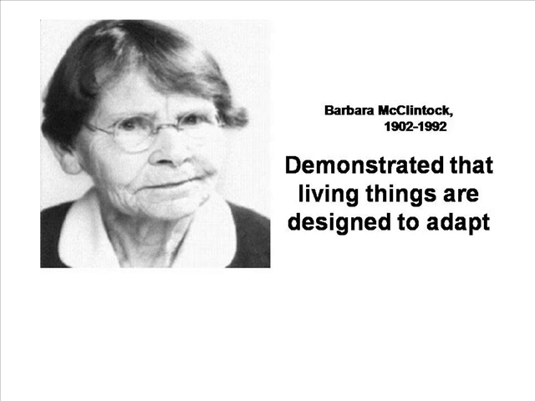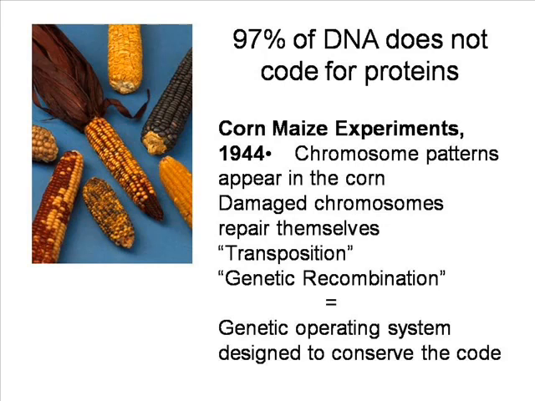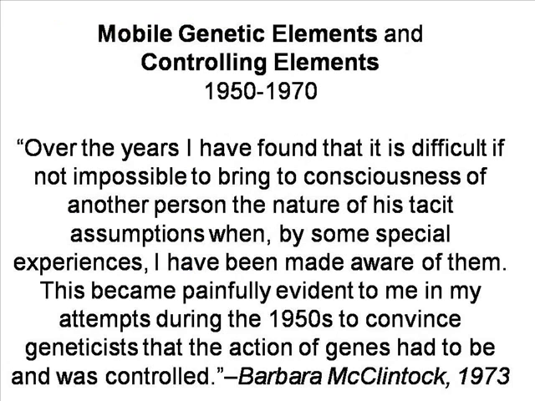The American scientist Dr. Barbara McClintock made the discovery that living things are designed to adapt to their environment. She proved that damaged chromosomes repaired themselves by a process of transposition or genetic recombination, and that this was designed to conserve the code. For many years, her discoveries were not welcomed by the academic and scientific establishment. Why?